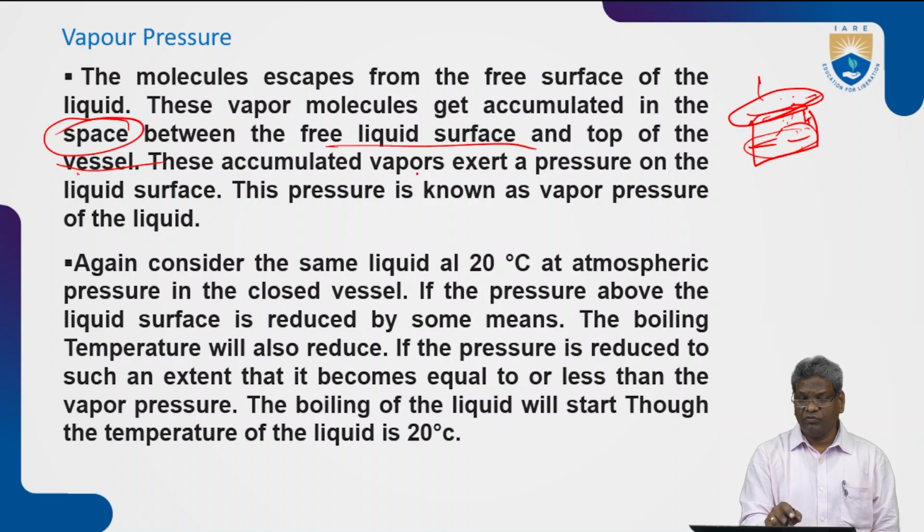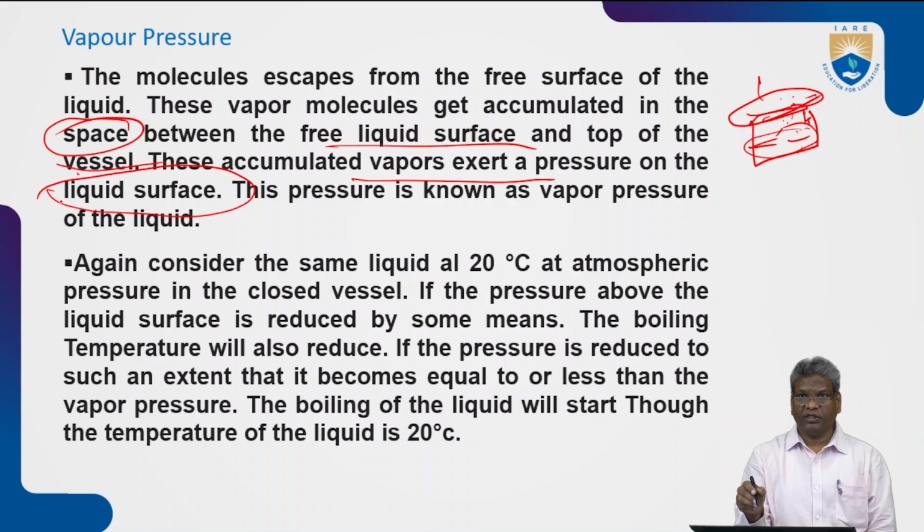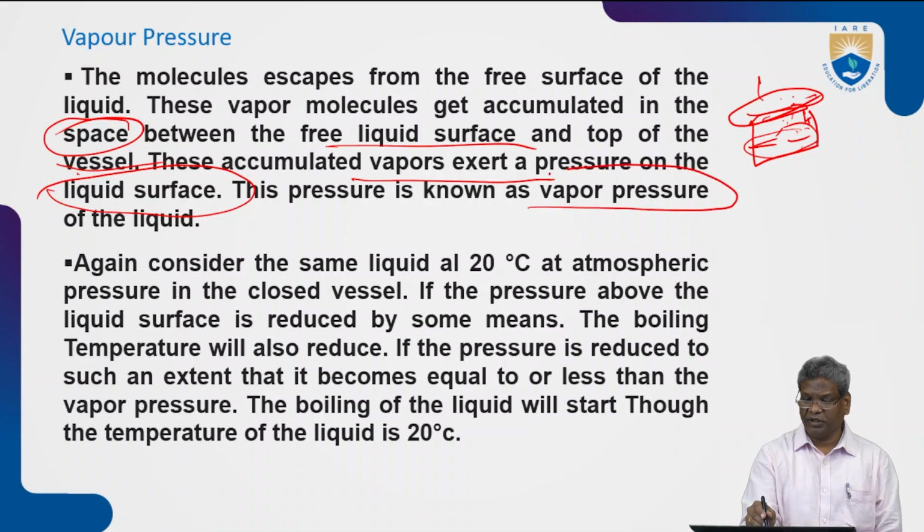So these accumulated vapors exert a pressure on the liquid surface. The partial pressure acting on the liquid surface, in between the plate and the surface of the liquid, is known as vapor pressure.